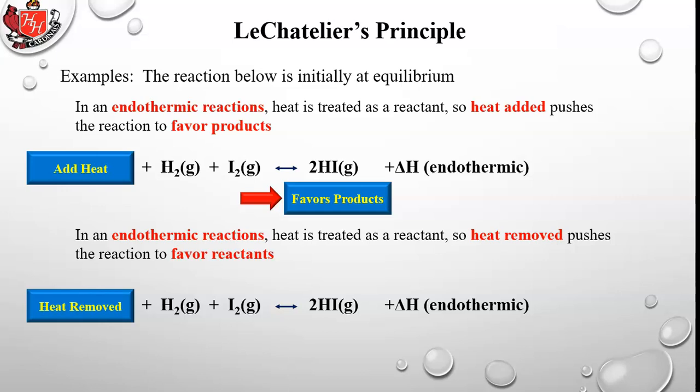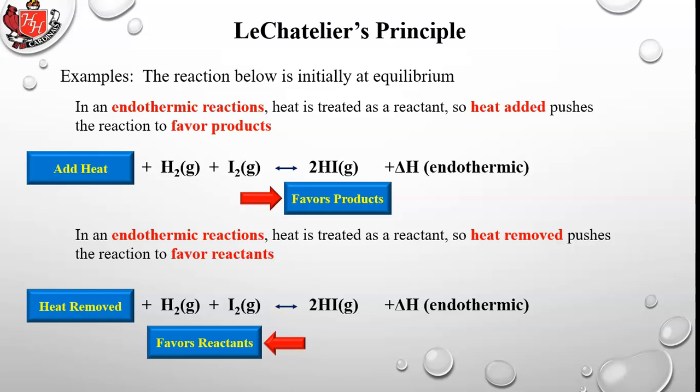So now all of a sudden you're starving it, you're depriving it of heat, a reaction that naturally would want to have heat come into it on the reactant side. So if you take heat out, then the reaction is going to move backwards. It's going to move in reverse from HI over to H2 and I2 in this direction. So that's going to favor reactants.